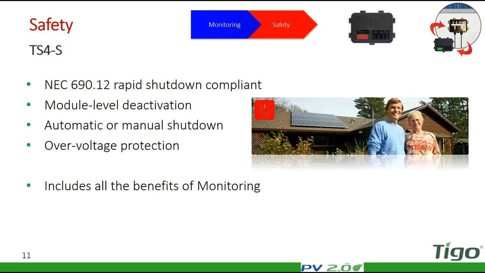Somebody took the AC out, so they shut down. They automatically wake up and resume power production the minute that the AC is back on and they hear the communication again. And as I said at the beginning, the functionality of TS4 is incremental, so safety also includes all the monitoring capabilities and benefits.